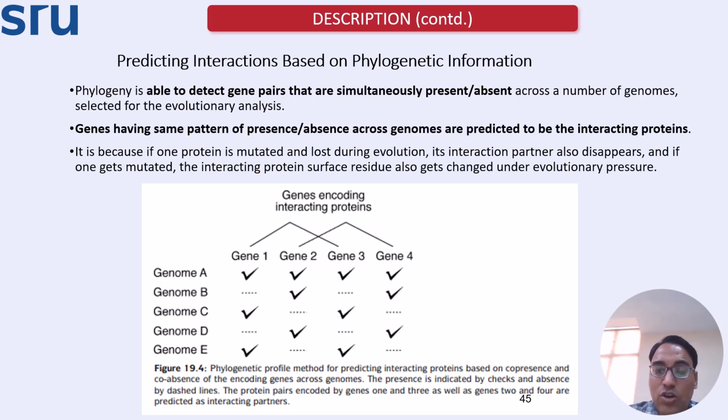Now, phylogeny is a very efficient tool to detect gene pairs that are simultaneously present or absent across a number of genomes, and this is done through evolutionary analysis. It detects the presence or absence across the different genomes, so they are likely to be interacting proteins because they are somehow connected with each other.